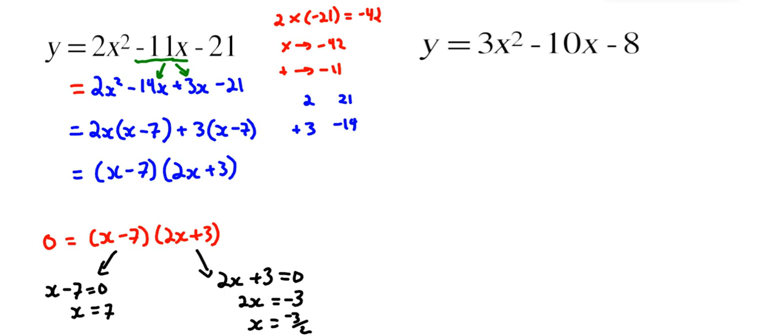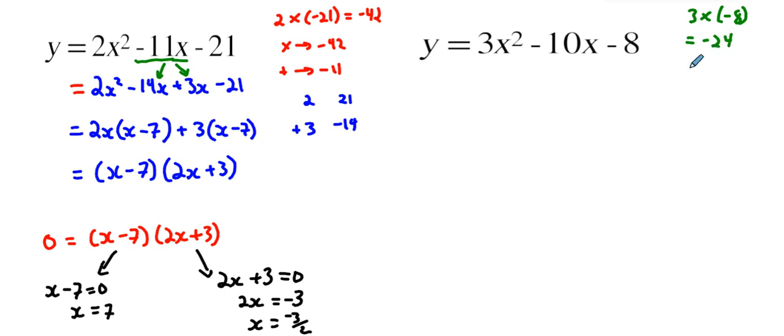Let's look at this other example, and I'll go a little bit quicker through it because we've already seen this process once. I fully encourage you to pause the video and then run through it with me after to see if you got it right. So I can't common factor this 3 out of everything, but I'm going to try factoring by decomposition. So 3 times the negative 8, this is going to give me negative 24.